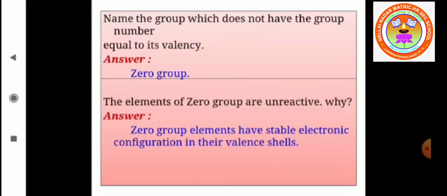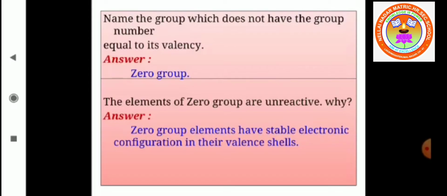Okay children? Coming to the second question. The elements of 0 group are unreactive. Why? The elements of 0 group are unreactive, or we can call it stable. Why? The elements of 0 group are very stable because of their stable electronic configuration in their valence shells.